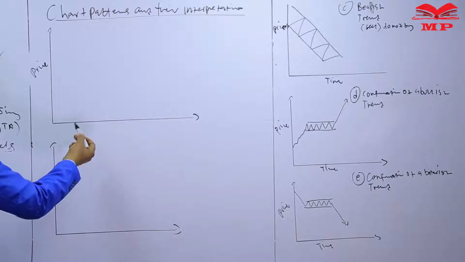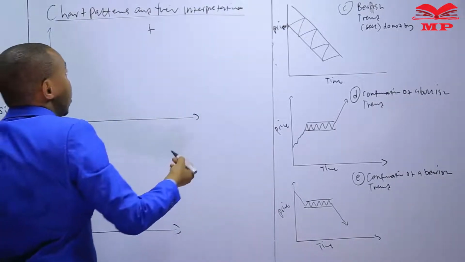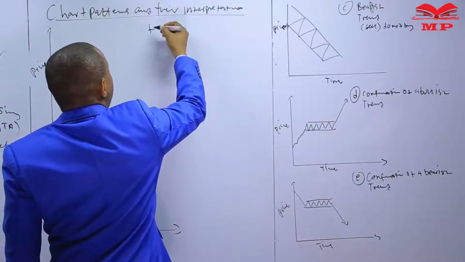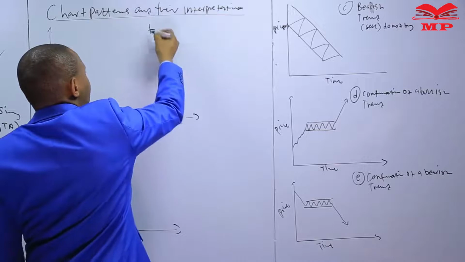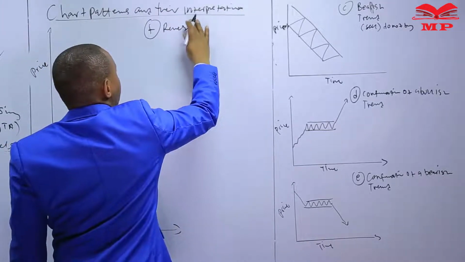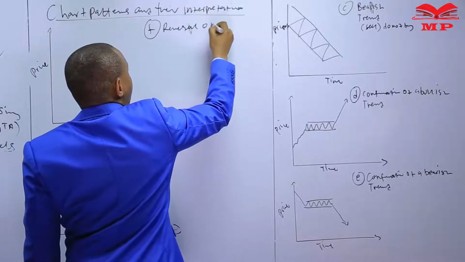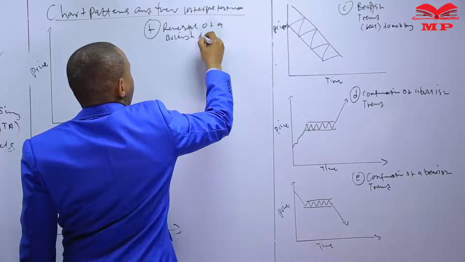So now we're just trying to see, now that is E, this is F, and we are saying confirmation of a reversal rather. We're looking at reversals. We've already done the confirmations. Reversal, sorry, of a bullish trend.